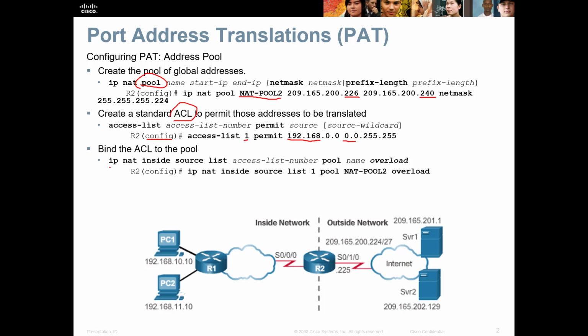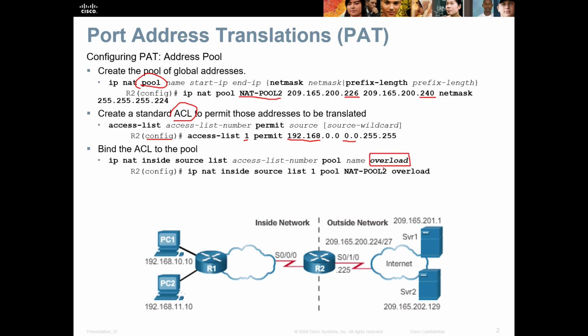And then as you'd expect, we have to bind the two together. We need to link this access list to that pool. And it's our favorite command, the IP NAT command. Inside source, the source is going to be the list. The pool is going to be the name of the pool, right? Here's the thing that makes it port address.